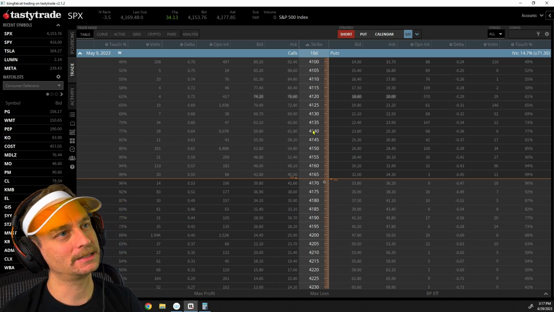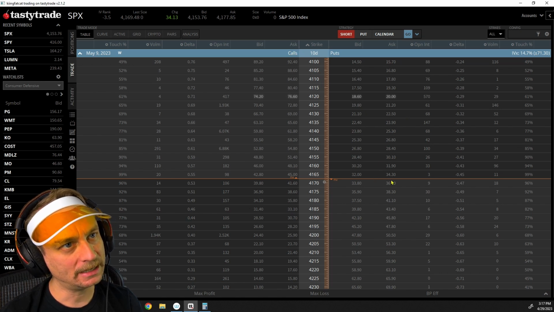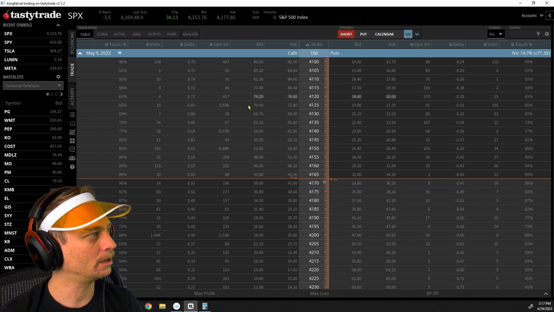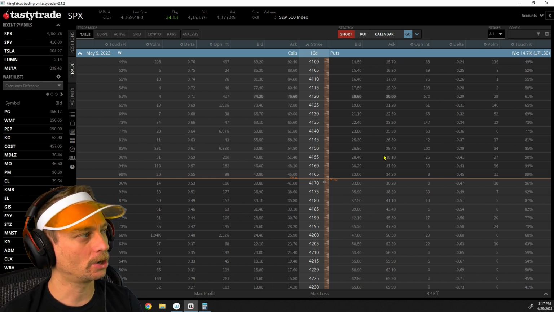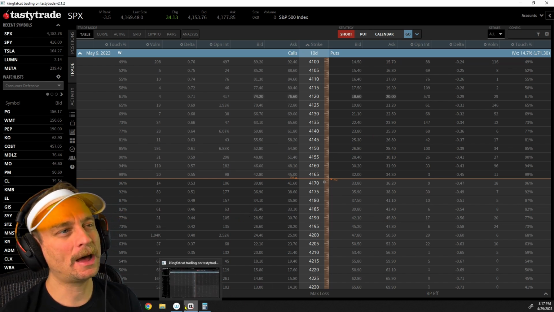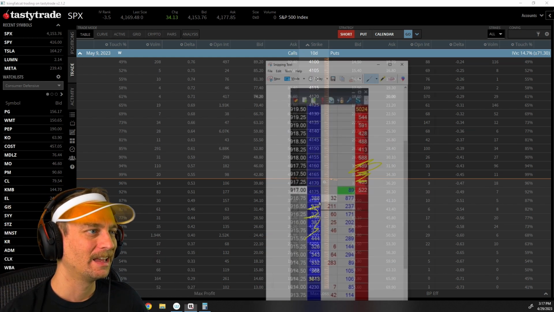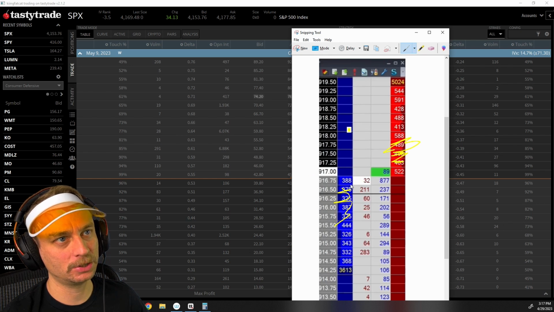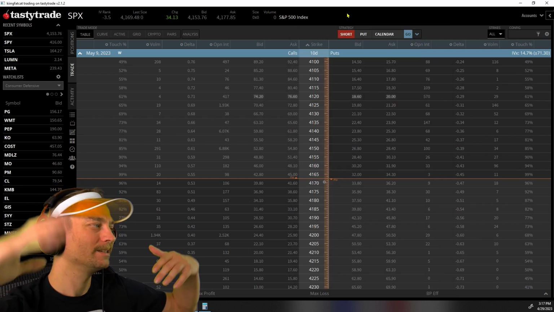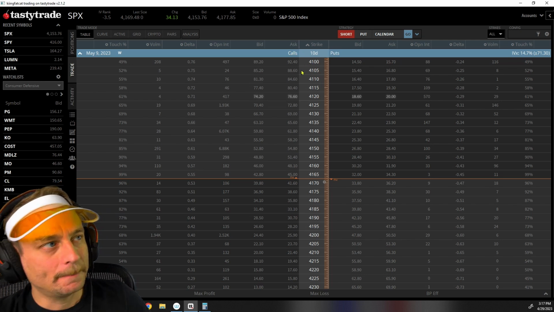Don't worry about it. It doesn't matter. But over here, out of the money, at the money, in the money. See how it's a gray shaded box here, and then it's orange, and then it's dark black. You know how the DOM is staggered. That's kind of what's happening. See how the DOM is staggered between these two prices? Same sort of thing. Okay.